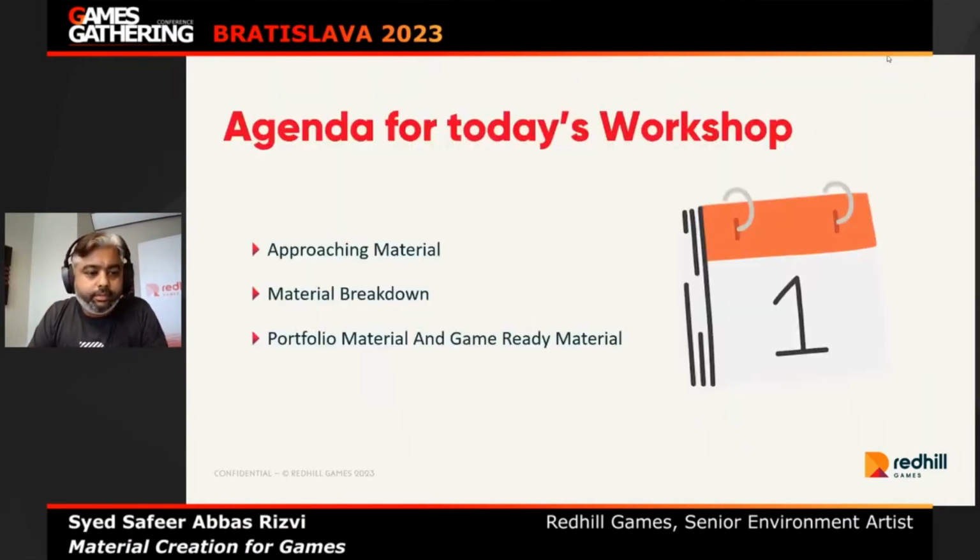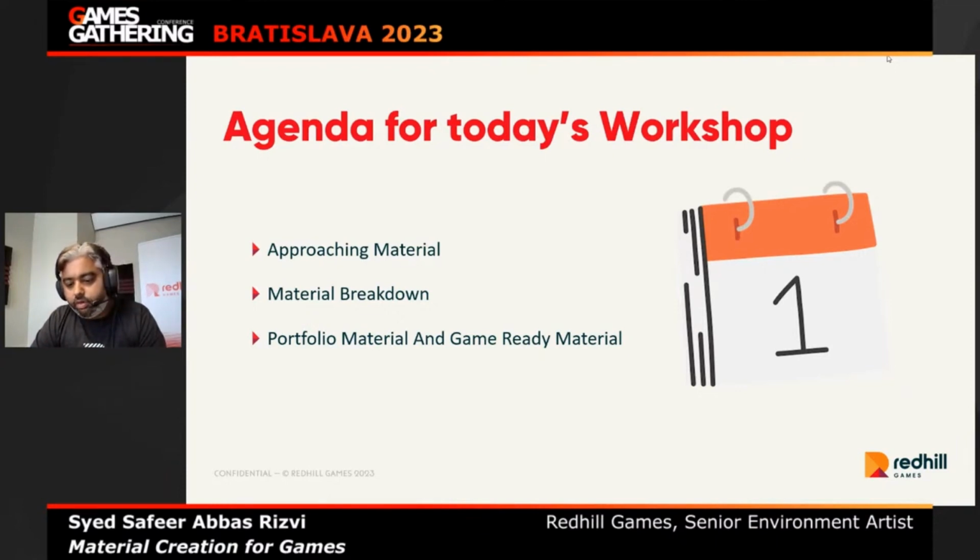Agenda for today's workshop. The first thing we're going to cover is approaching a material. What are the things you keep in mind when you approach a material? Priority wise, what comes first, what comes second, and so on. Then we'll do a material breakdown and look at the best practices needed while creating a material, including what to consider if you want to work on the material later on.